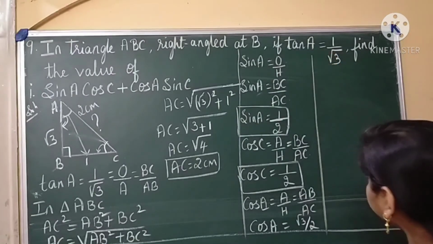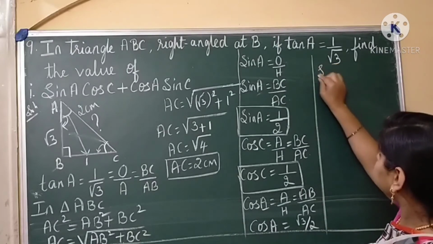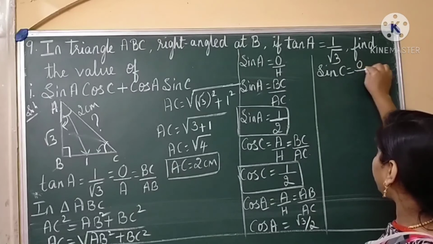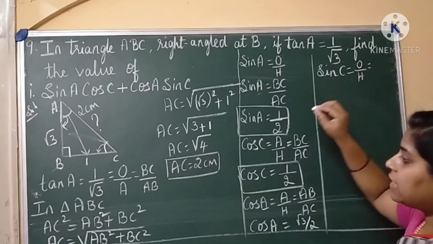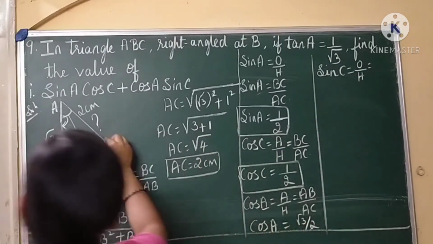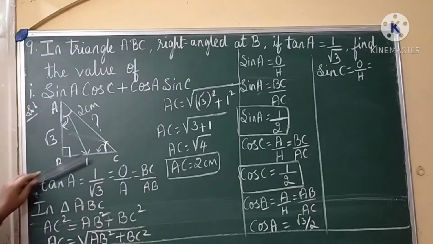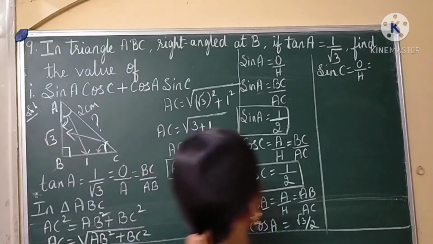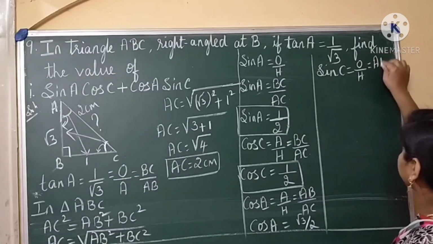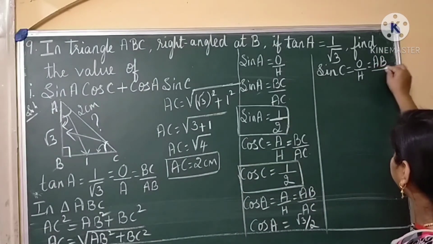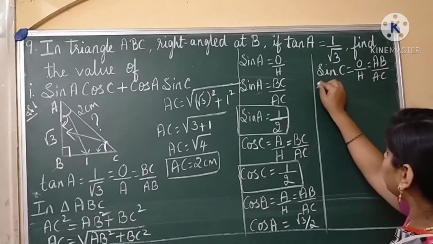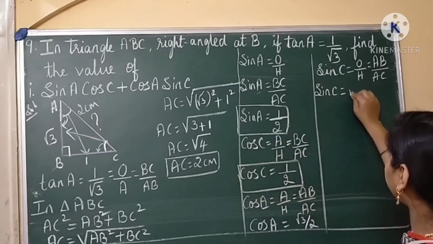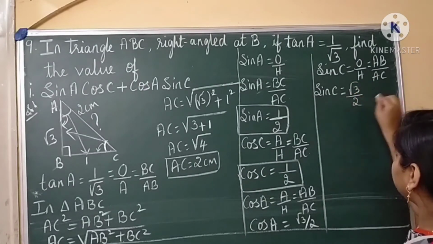Similarly, sin C. Sin is opposite by hypotenuse. With respect to angle C, the opposite side is AB and the hypotenuse here is AC. So sin C can be written as AB, value of AB is root 3, and AC is 2.